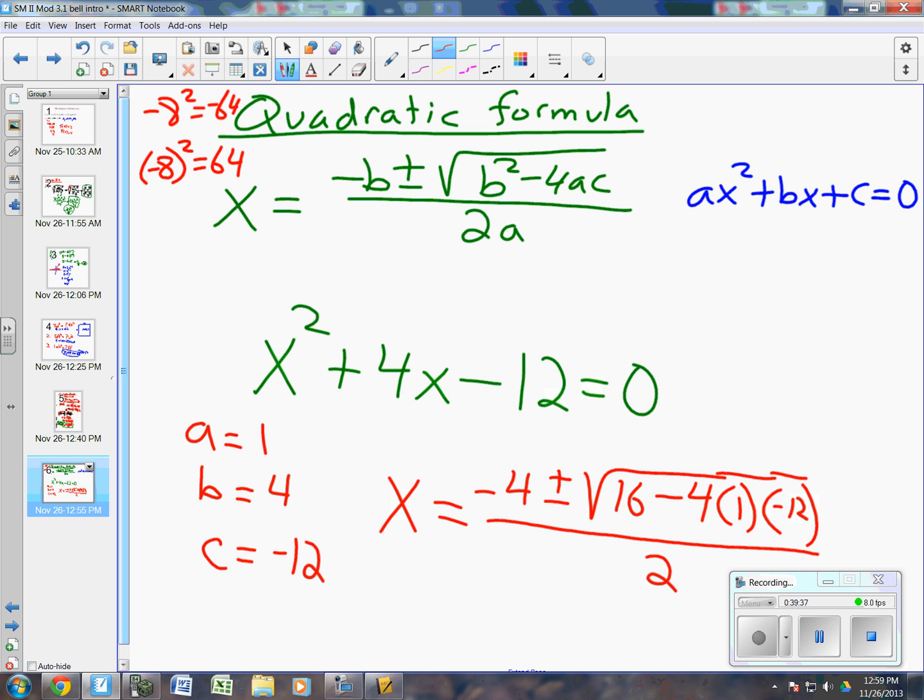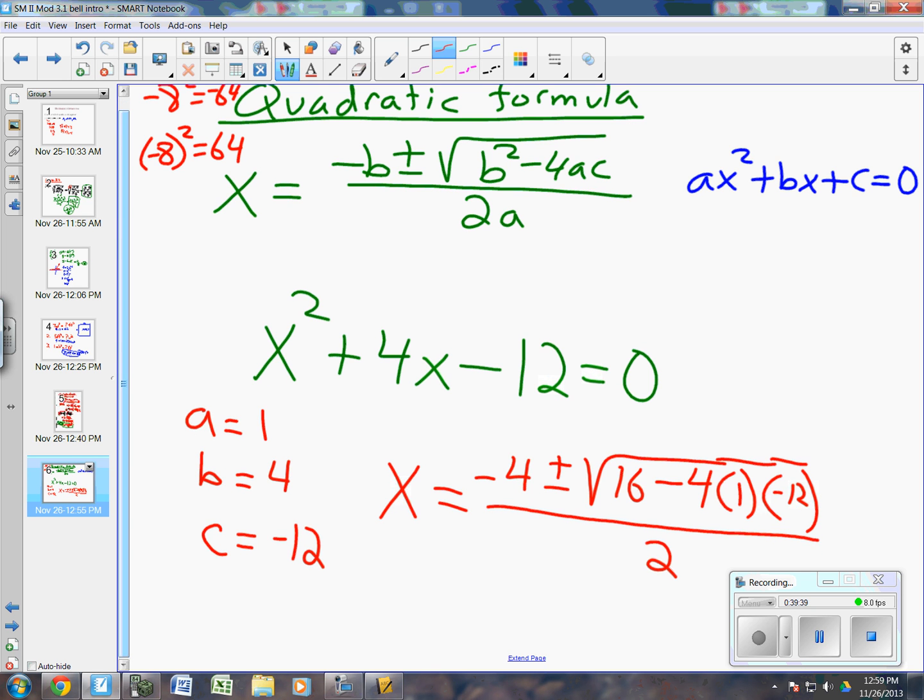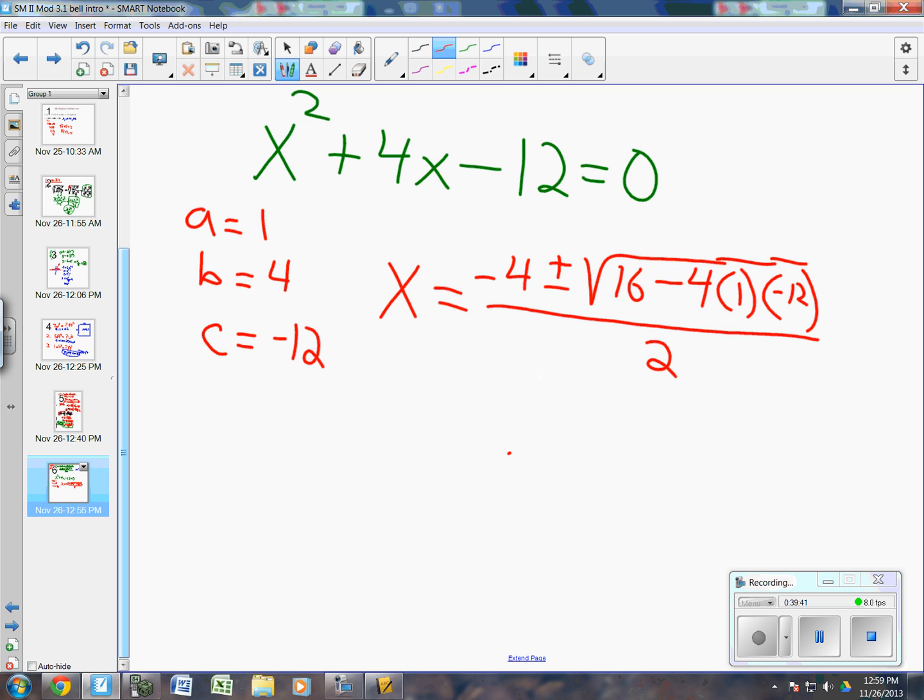Now, that's going to come out to be a perfect square, I know, because it's factorable. So everybody, take your calculator and go 16 minus 4 times 1 times negative 12 really quickly. You should get 64. Is that what you got?